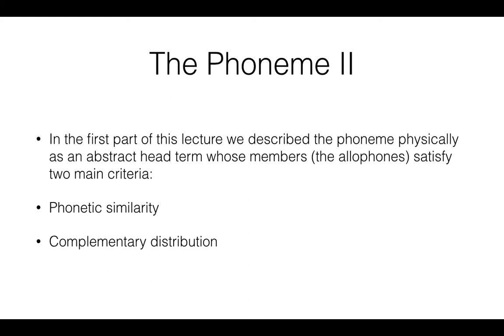We described the phoneme physically as an abstract head term, slashes, whose members, allophones, satisfy two main criteria. What are they? Phonetic similarity and complementary distribution. Phoneme, allophones, phonetic similarity, complementary distribution. Okay?